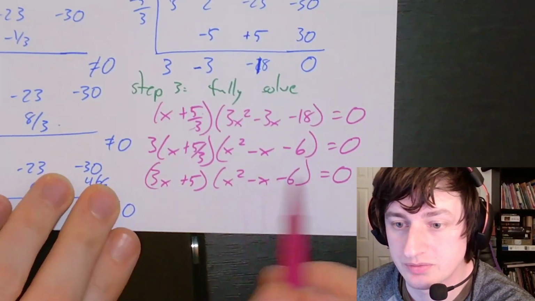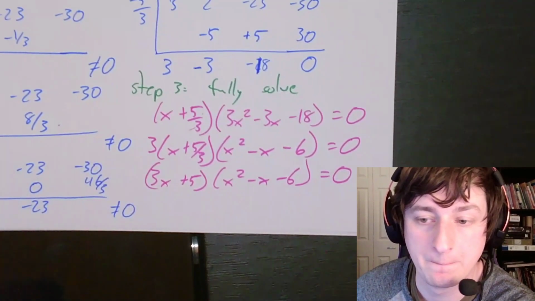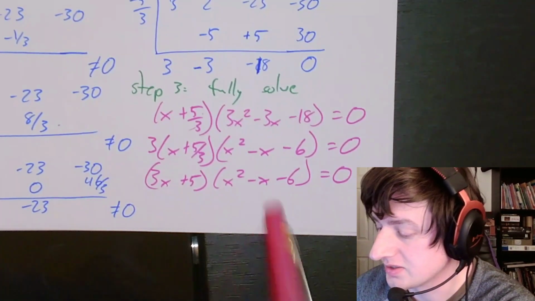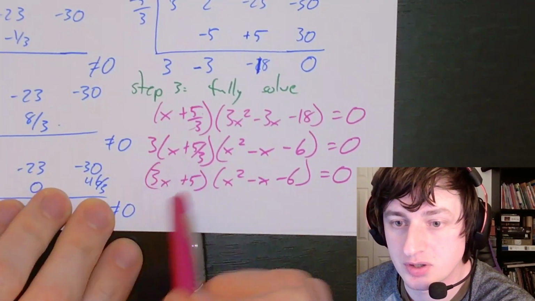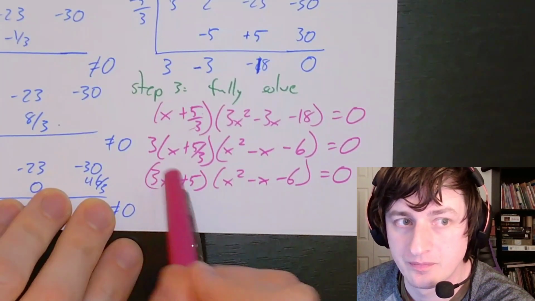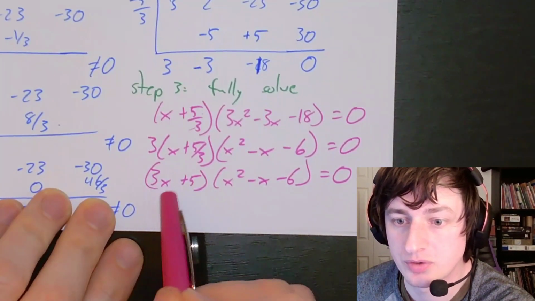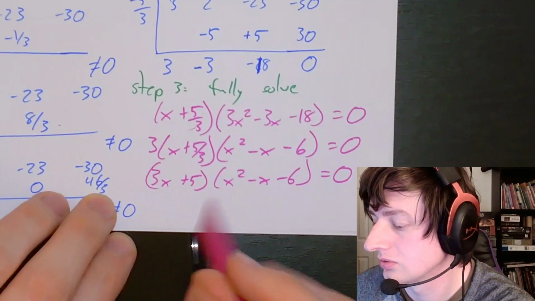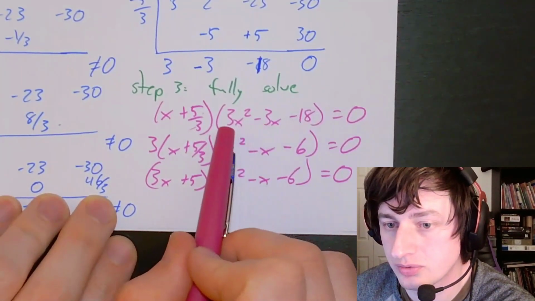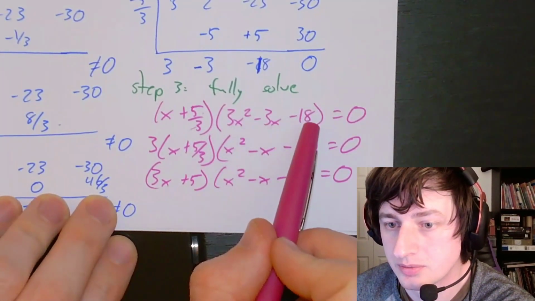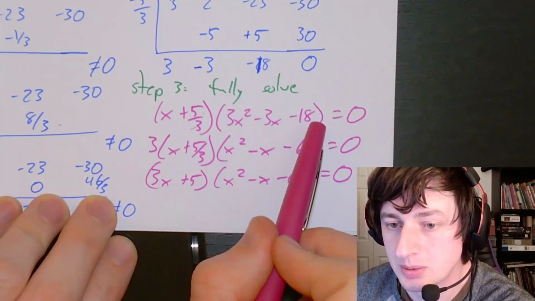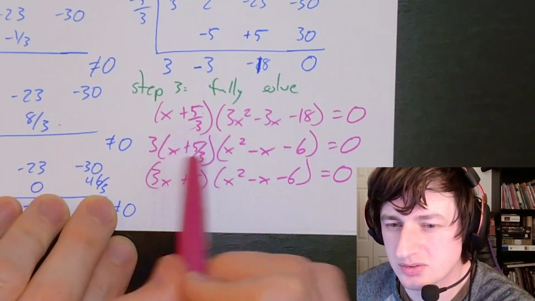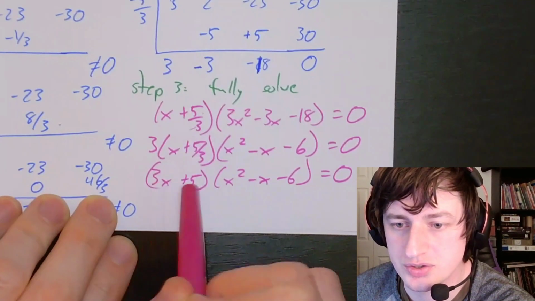Now we're not done because we have to fully solve this thing. But this is where the negative 5/3 comes from. This is what fully factored is going to look like. 3x plus 5. So I took the 3 out of here. Greatest common factor of 3. We could leave it like this, but we like integers instead of fractions.